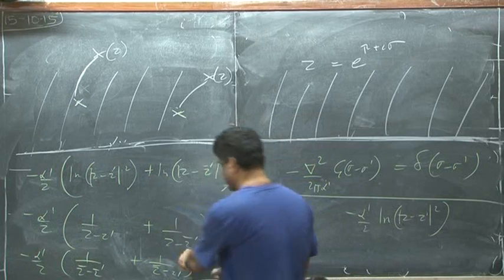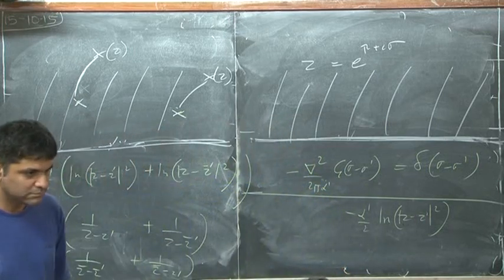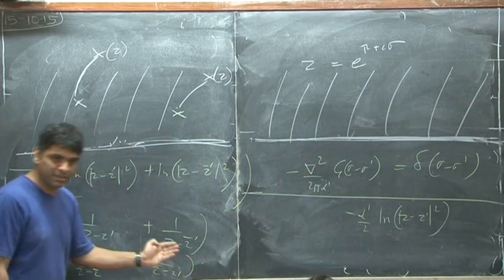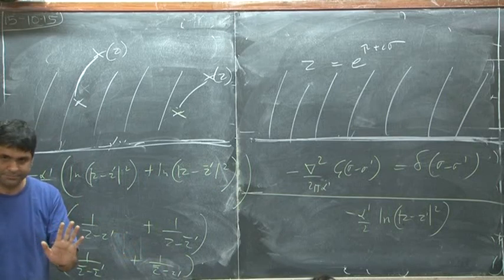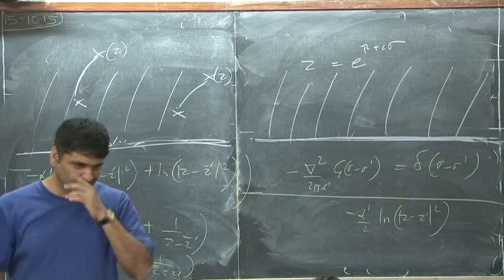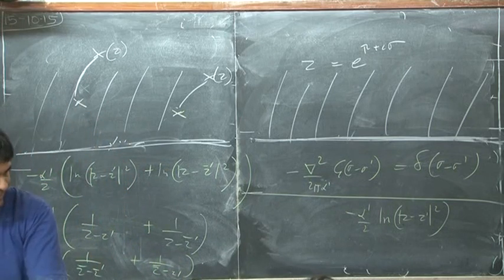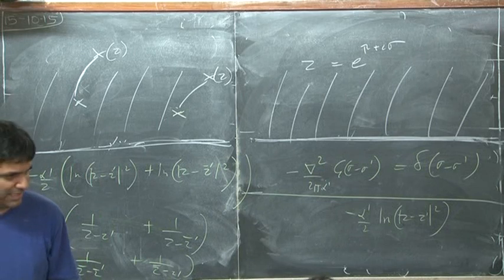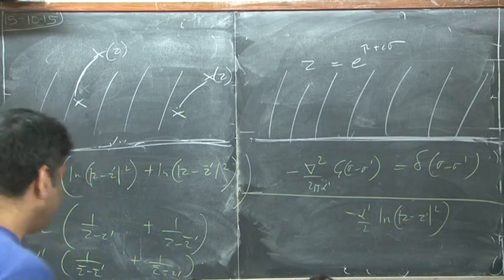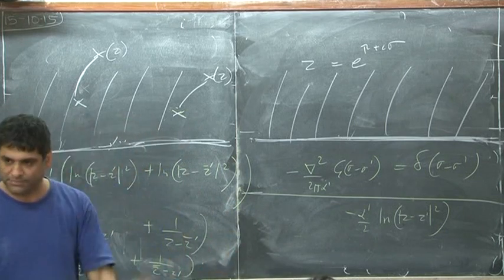Bar means complex conjugate. Sorry, maybe I should just have said star. What I mean is complex conjugate. I've got a point and its complex conjugate. We're just solving a mathematics question. We need to put the source at z and the source at its complex conjugate. That's all. In my mind, there's no difference between bar and star for the purpose of this.